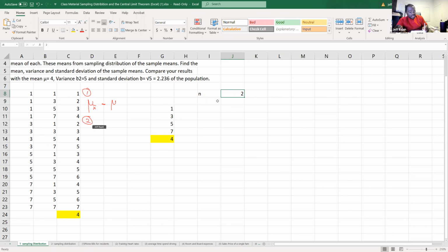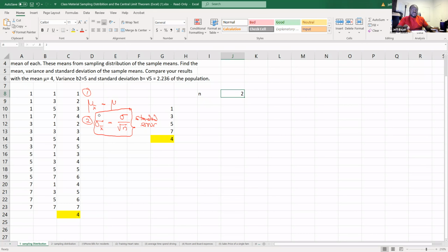Rule 2 is saying that the standard deviation of your sample mean is equal to standard deviation over what? The square root of n. This is going to be a very important concept because this means standard error. This is the difference between your population mean and your sample mean. So this is very important.